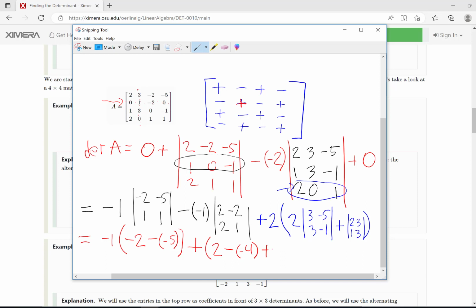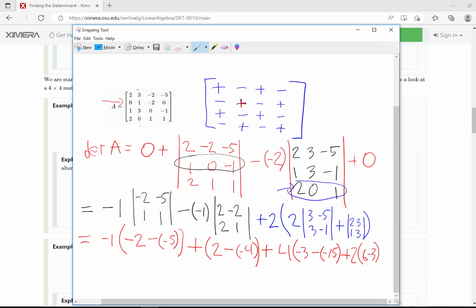And then here I have plus, well, maybe I'll distribute the 2, and if I do, I get 4 times what? -3 minus -15 plus, and because I distributed the 2, I get 2 times, and here I have 6 minus 3. Okay, do I have enough room here? Maybe if I scroll down a little bit, I have a little more room to write.